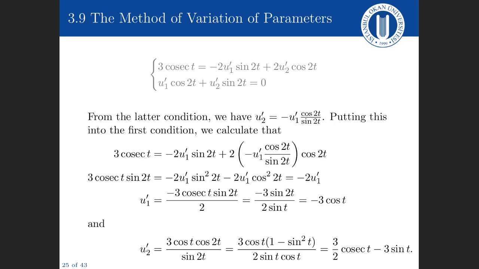Multiply everything by sine 2t, an extra sine 2t on the left. Sine 2t becomes sine squared 2t. Multiply by sine 2t, this cancels, and we are left with minus 2 u1 prime cos squared 2t.